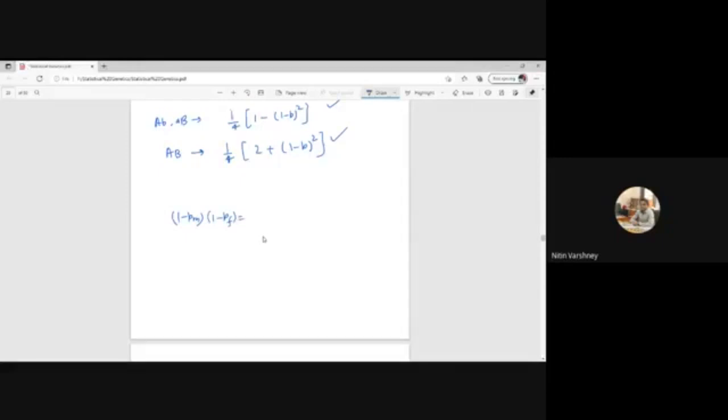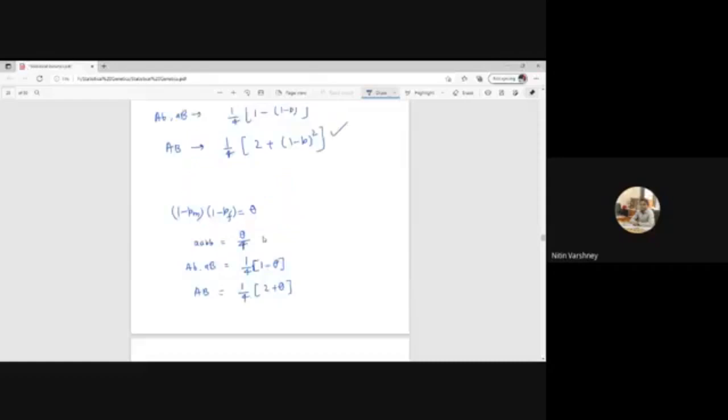If I take this is equal to theta, then our aabb type will be theta by 4, Ab comma aB type will be 1 by 4, 1 minus theta, and AB type will be 1 by 4, 2 plus theta. Okay, got it? Any doubt in this?